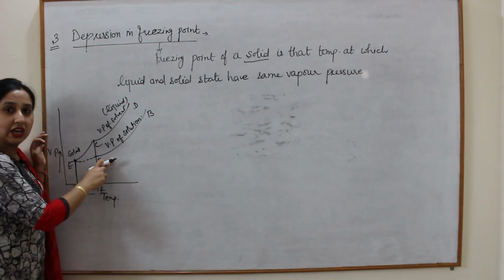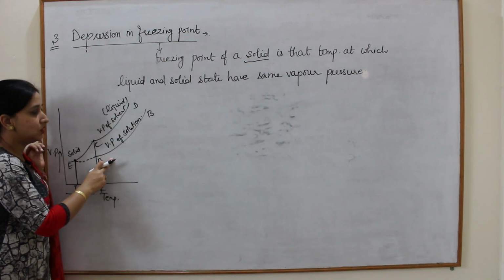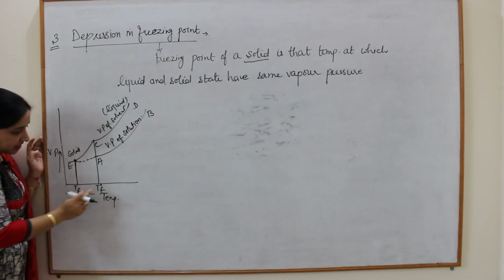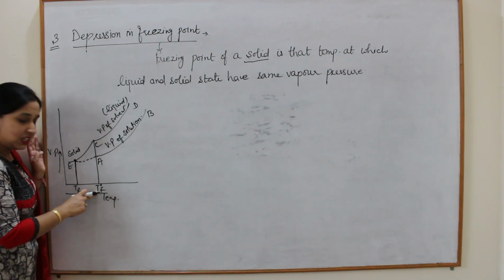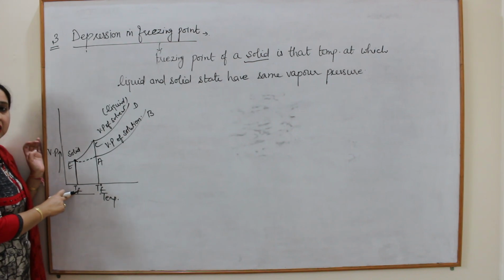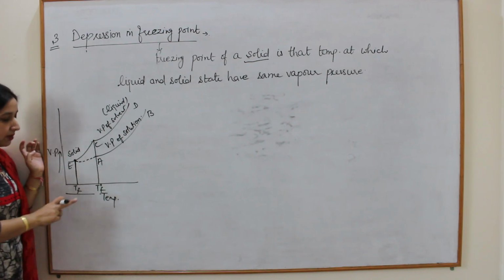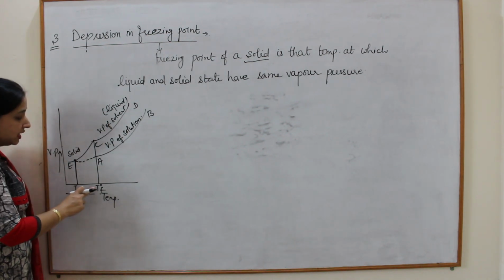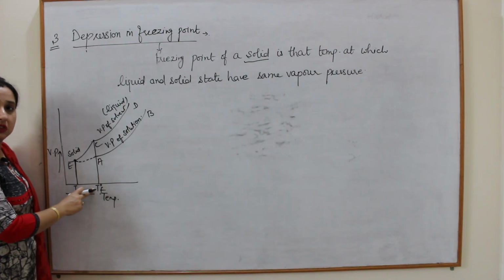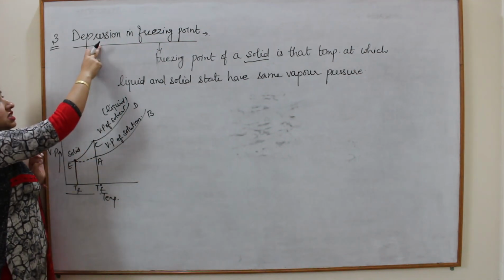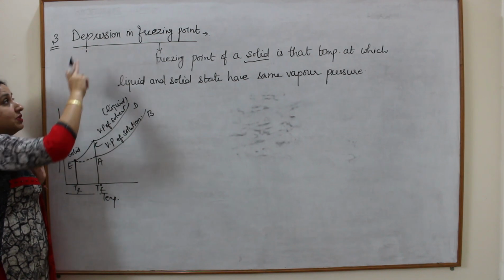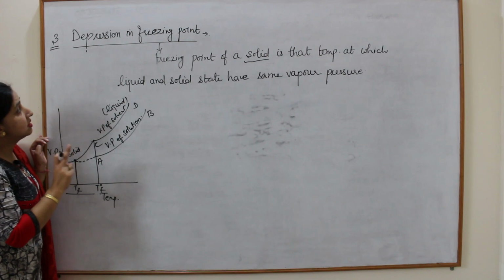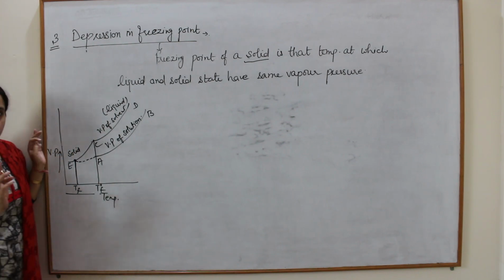Means when we have added non-volatile solute to this very pure solvent. So from this graph it is very clear that T naught F is higher than that TF, or we can say after the addition of non-volatile solute its freezing point gets lowered. So lowered means depression. For example, in boiling point of the solution was higher. That is called elevation in boiling point.